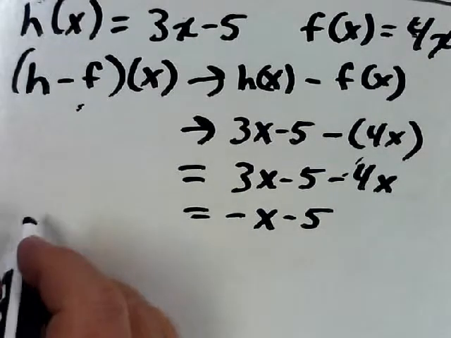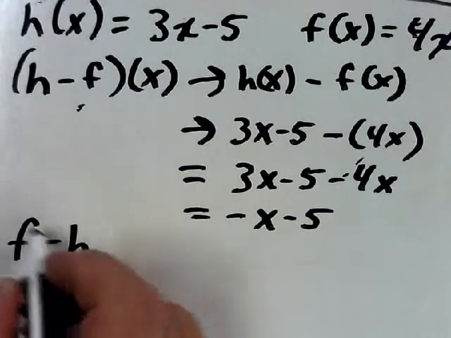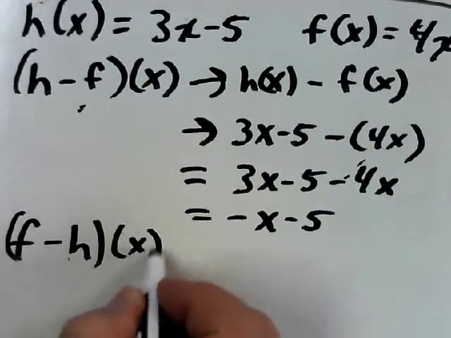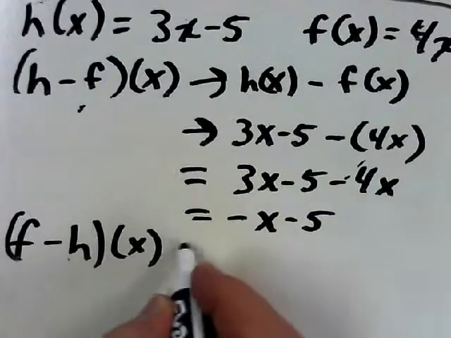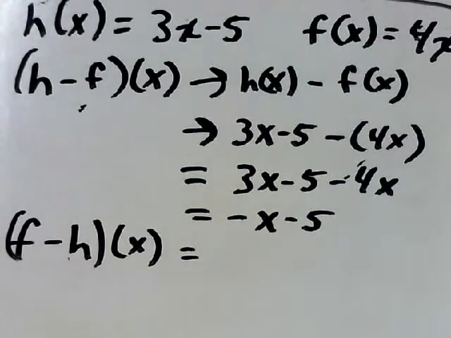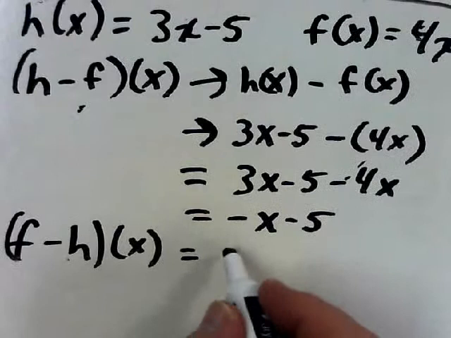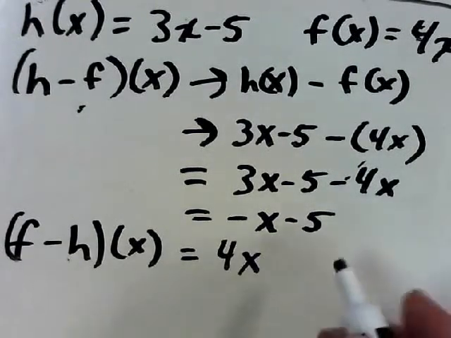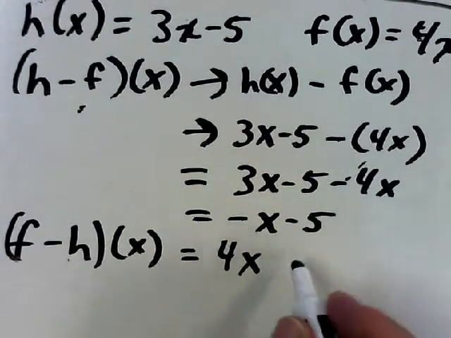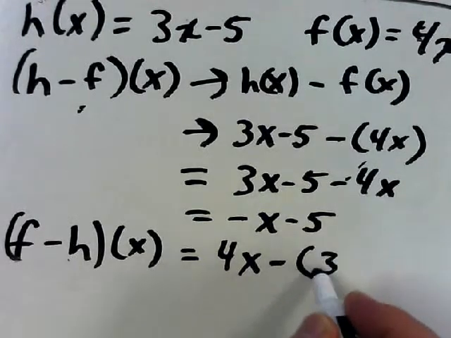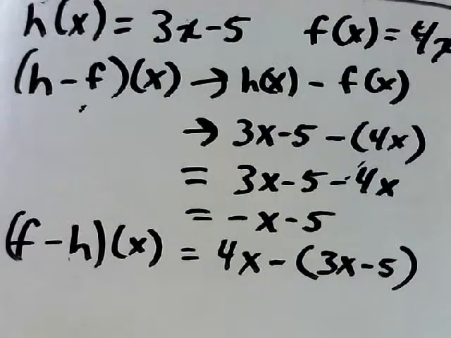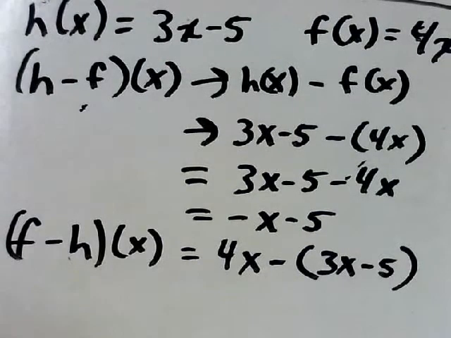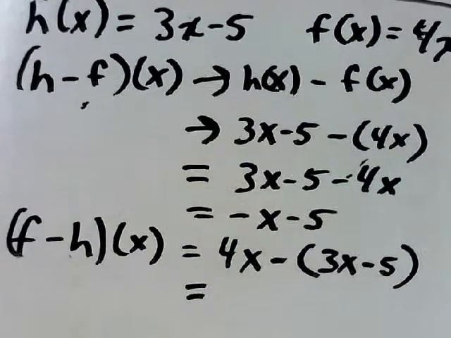Would it be different if I said this? What would be different about it? I'd have 4x minus parentheses 3x minus 5. Have to do the distributive property.